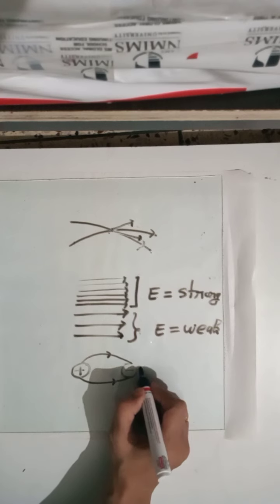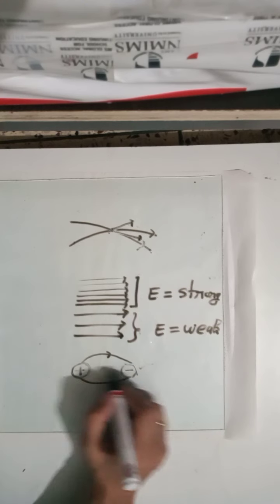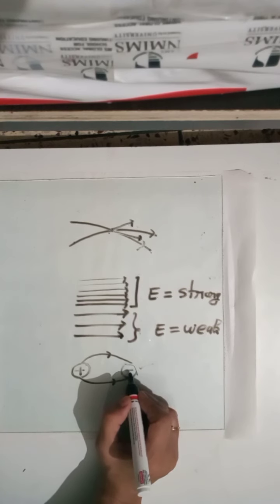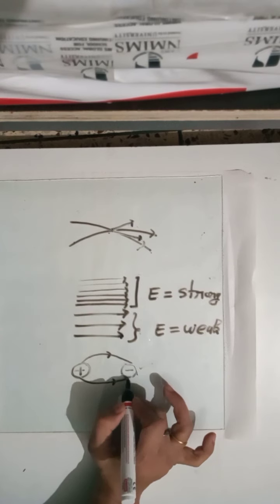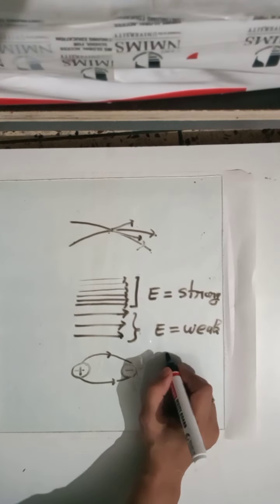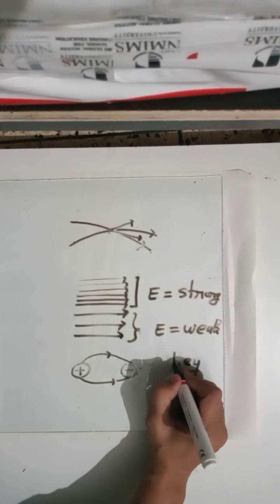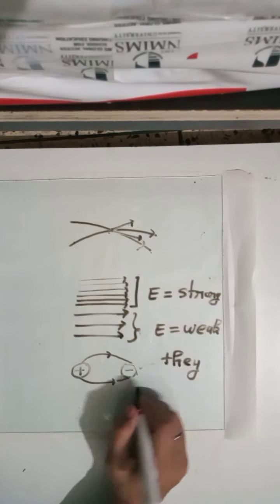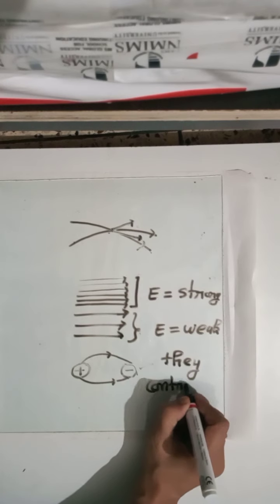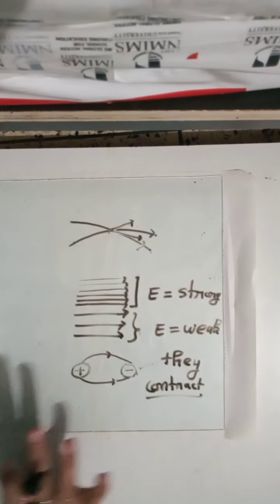This is showing the attraction between the unlike charges. What is the reason? They contract longitudinally, or you can say lengthwise.